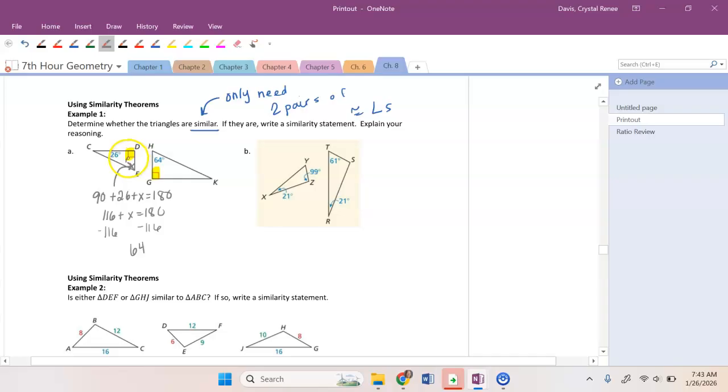So this is 64 degrees, okay? Now, yes, I can see it wasn't obvious at first, but they do have two congruent angles. So I can say, yes, these are similar by the angle similarity.